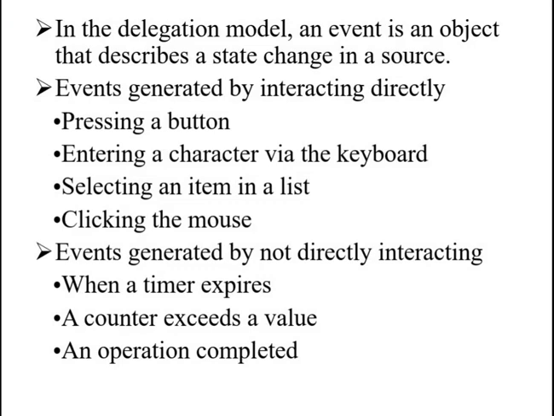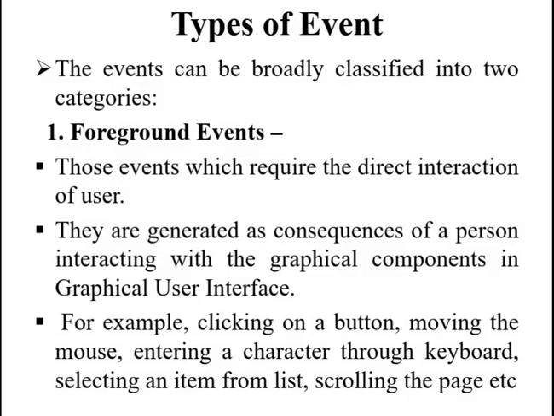Events generated by interacting directly are pressing a button, entering a character via the keyboard, selecting an item in a list, clicking the mouse. Events generated by not directly interacting are when a timer expires, a counter exceeds a value, or an operation is completed.